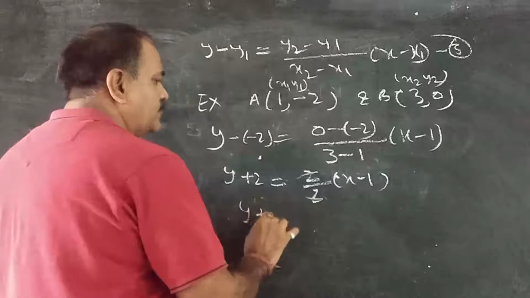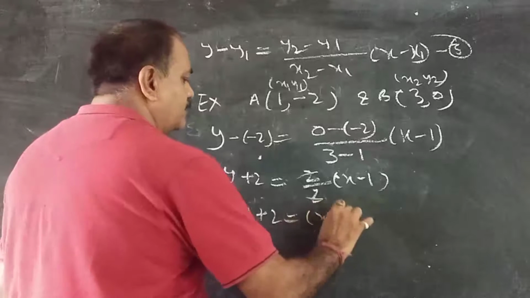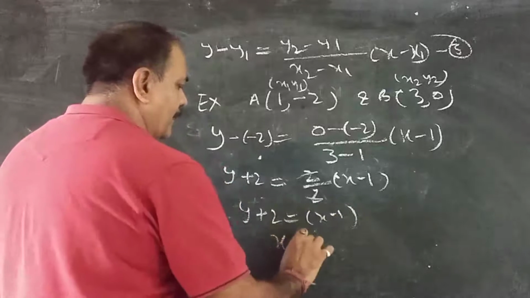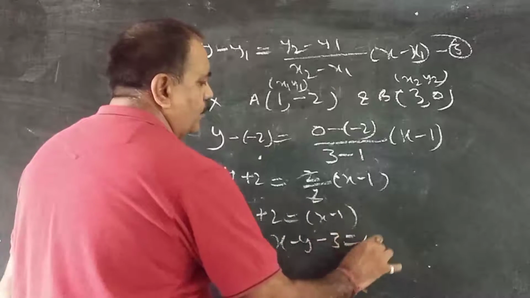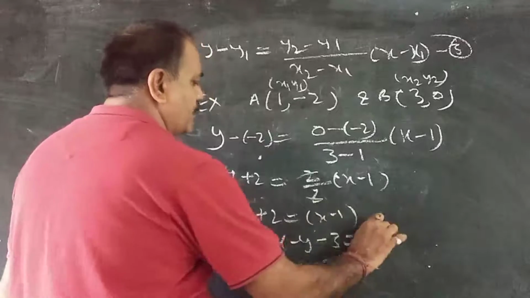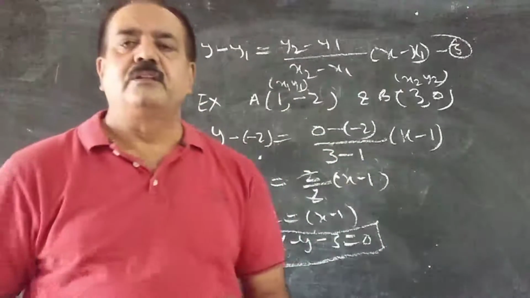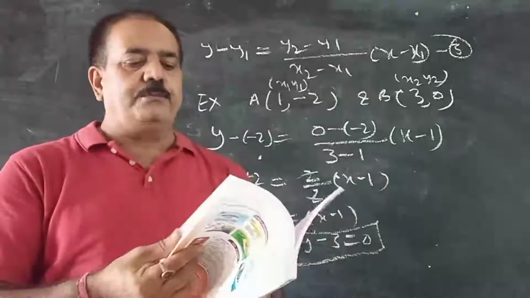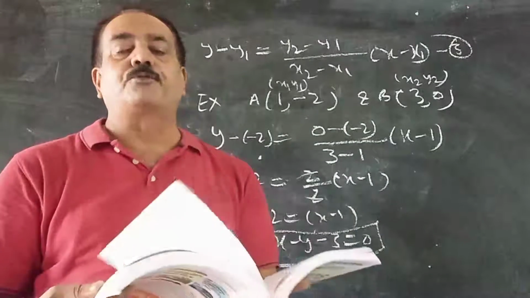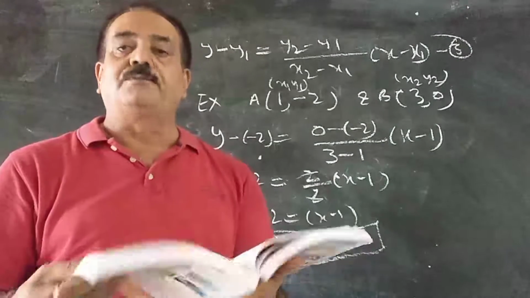Cancel. y plus 2 is equal to x minus 1, or we can write x minus y minus 3 is equal to 0. This is the equation of a straight line when two coordinates are given. So these are the three forms on which you have to solve the questions of this chapter.